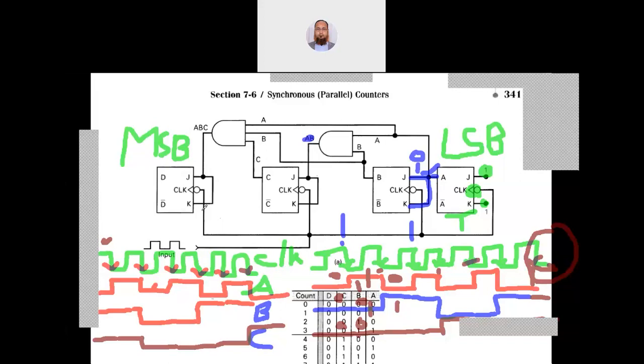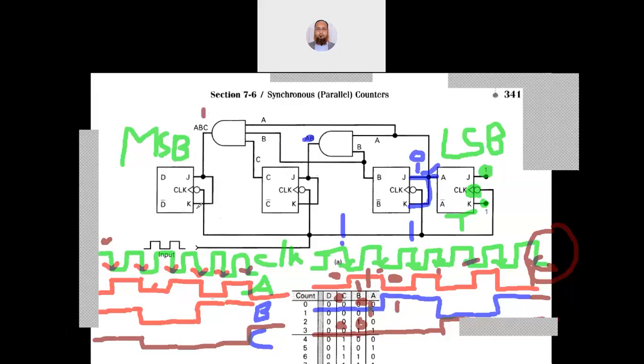So A will change. Okay, so now when will D's state change? D की स्टेट देखिए, इनिशियली अगर ए बी सी में से एक भी जीरो है, तो आउटपुट क्या रहेगा? D हमेशा जीरो रहेगा. D का आउटपुट कब वन होगा? जब तीनों A B C तीनों हाई हो, तभी JK टॉगल करता है.